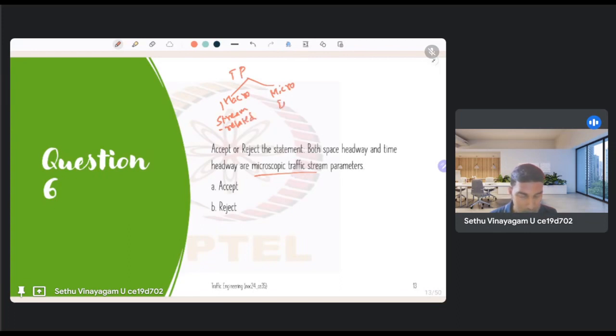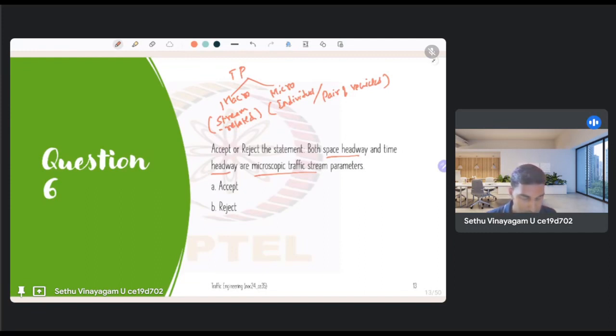Microscopic means individual vehicles or a pair of vehicles. So it depends on individual vehicles or a pair of individual consecutive vehicles, right? So space headway and time headway both are defined for a pair of consecutive vehicles.